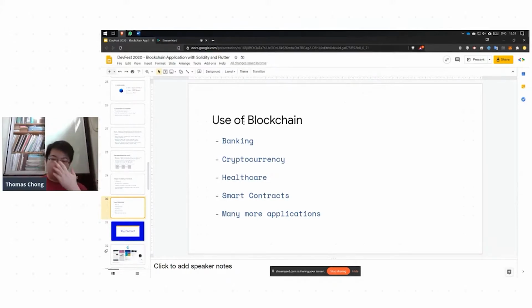Another use in some industries is, for example, healthcare. Recently some countries have investigated using blockchain technology with smart contracts to verify whether COVID-19 testing results are positive or negative. After they confirm the testing results on the blockchain, they can also ensure the integrity of the data.